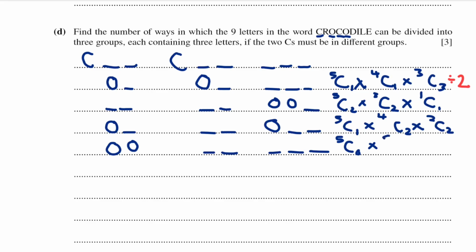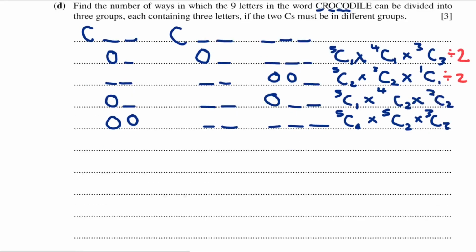We still have 5 letters left, 5C2. And then we have 3C3. Now remember, we have to divide this by 2 because it's symmetric. And if we add up all of these combinations, we will get the right answer.